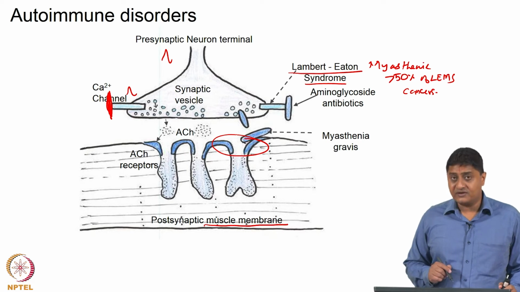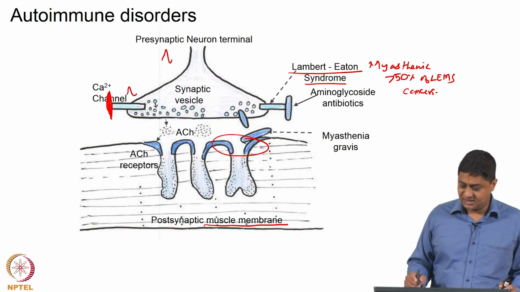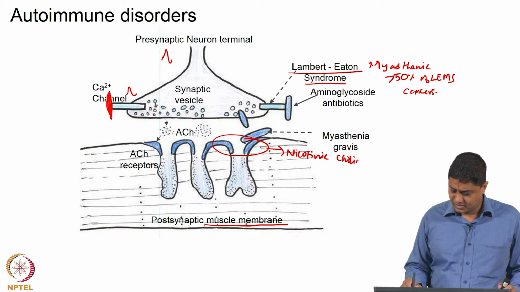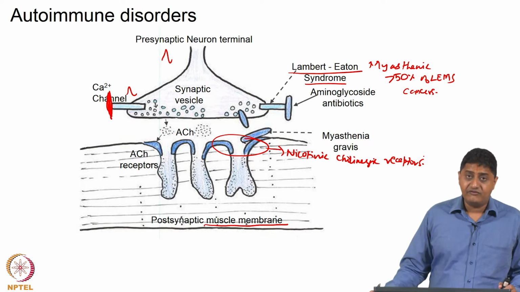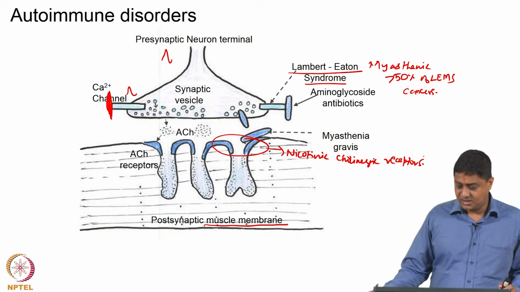It turns out that for whatever reason, if the immune system wrongly believes that the nicotinic cholinergic receptors are an outside agent, then it attacks the nicotinic cholinergic receptors, causing basically no more function.